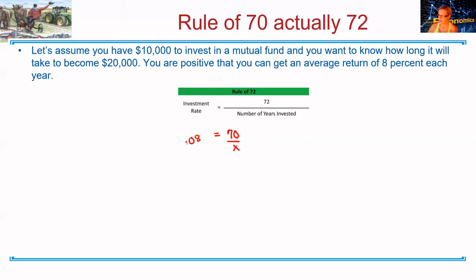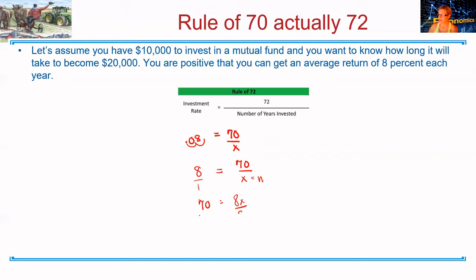Now, the first thing I'm going to do is just turn this into a simple 8%. And I'm going to say 70 over X. Now, if I want to solve for X, which probably is better to call N because that's our time periods, I can just simply cross multiply here. And I get 70 is equal to 8X.